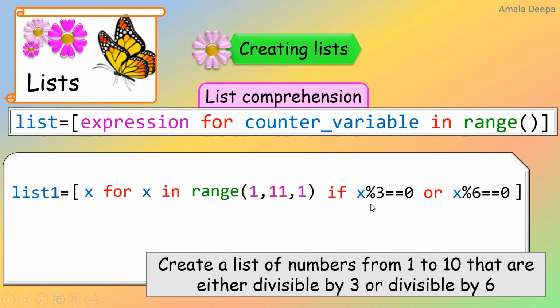So if x is divisible by 3 or 6, it will be taken and substituted in this expression. Here x is the expression. So you will get a list of numbers from 1 to 10 that are either divisible by 3 or divisible by 6.